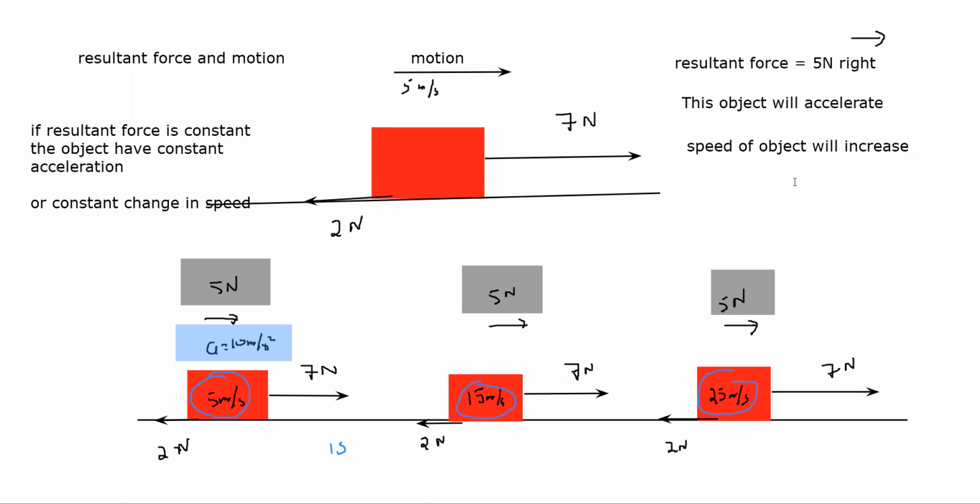Is it clear? The concept is that whenever the resultant force on the object is the same, the object will have a constant acceleration. In this example, I took acceleration as 10 meter per second square, so at every point its acceleration will be 10 meter per second square, or speed will change by 10 meter per second.